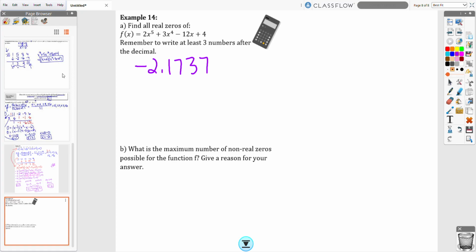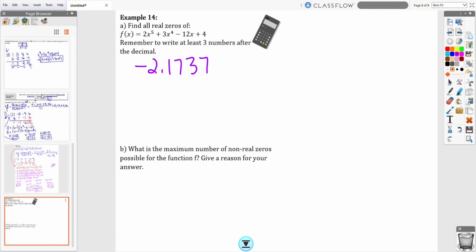All right, if you notice, this function is crossing the x-axis 2 more places. So we have to calculate both of those as well. So I'm going to find this next one kind of closest to the y-axis next. So remember, if you want to calculate anything from the graph, you hit the second button and then the trace button. And we're finding zeros, so we're going to select number 2.